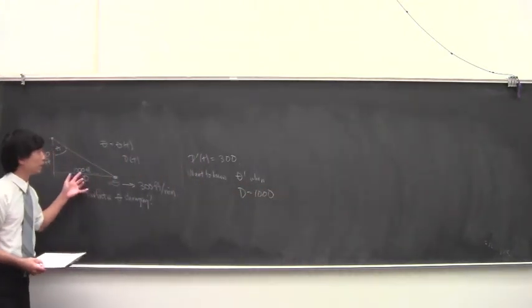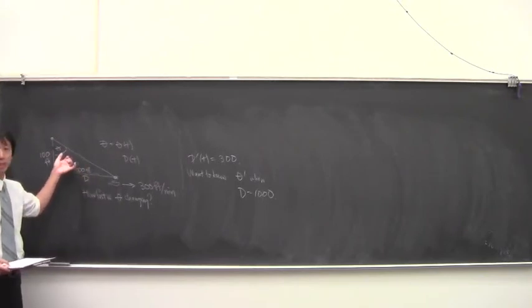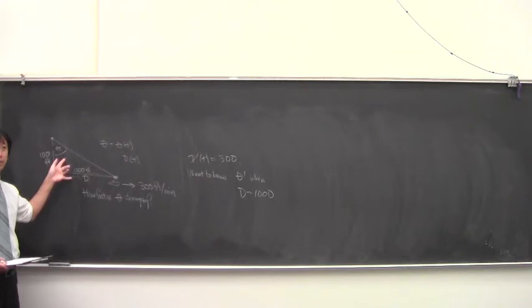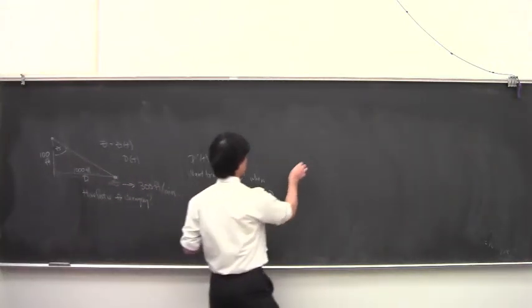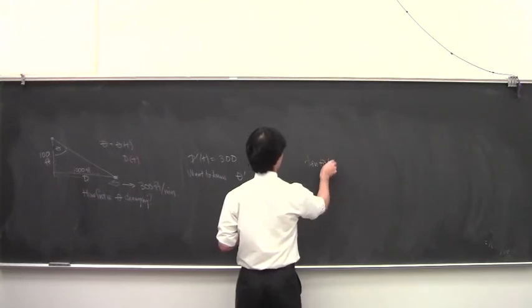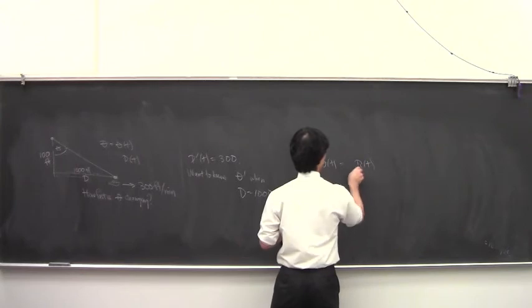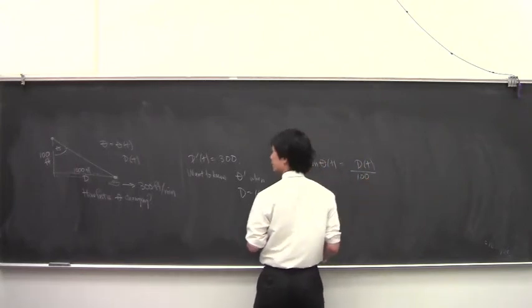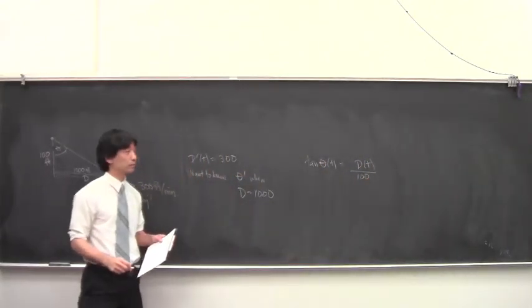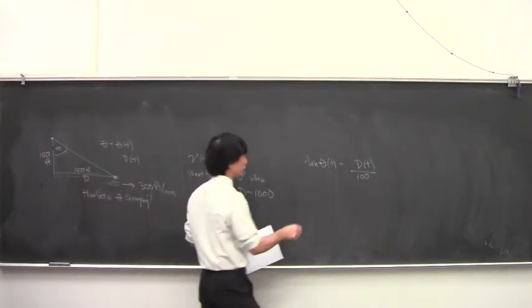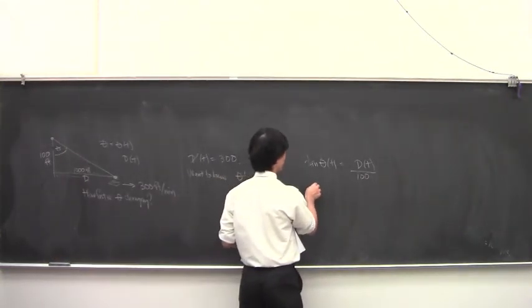So again, you need to find a relation between theta and d. What's the relation between theta and d? Tangent. The tangent of theta is d over 100. Then differentiating that, what do you get?